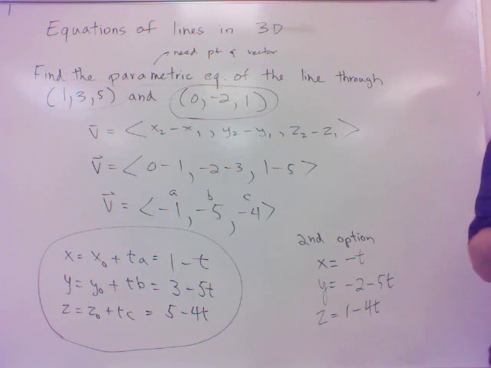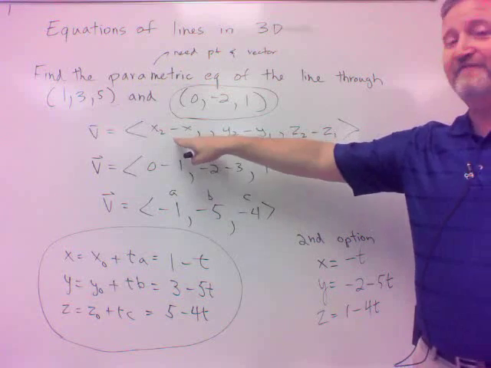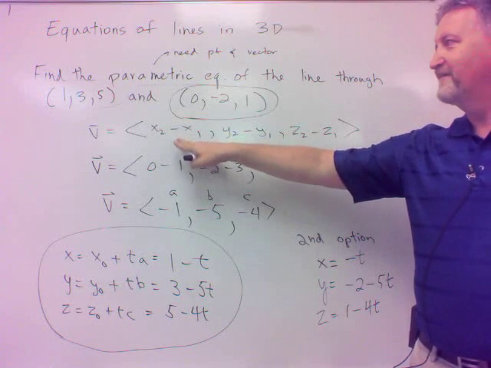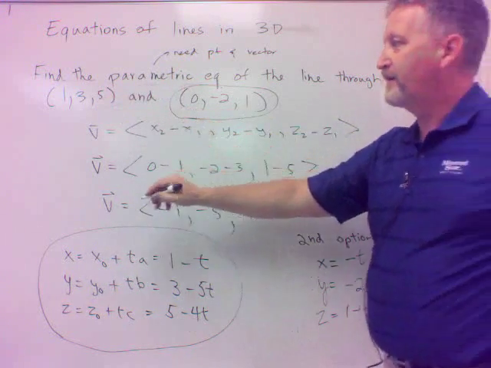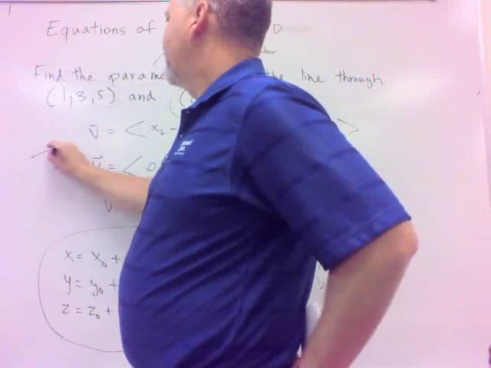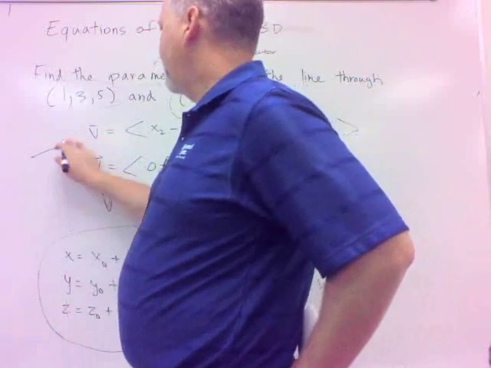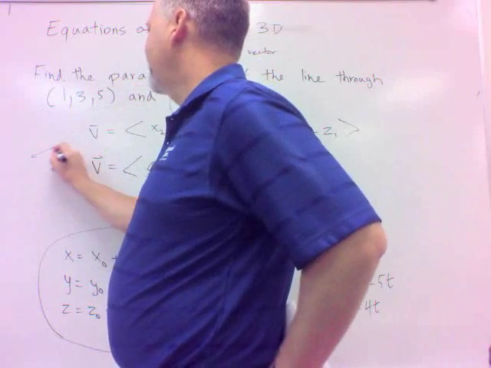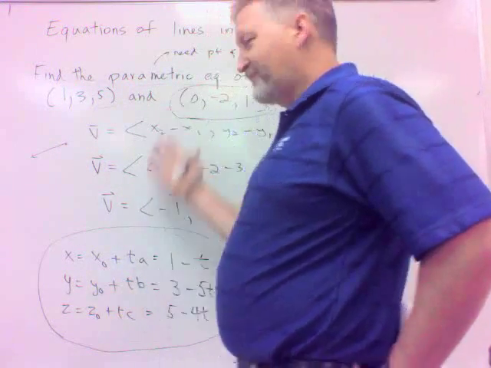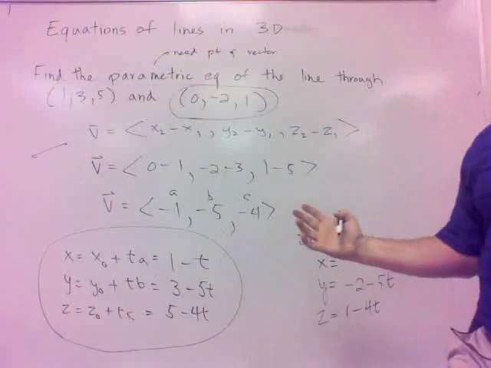And then the other thing to point out is if we went back to v here, what if I did 1 minus 0? Wouldn't that be an option? So instead of going that way, this was the initial point and this was the terminal point. And so that would just change these around to be positives.